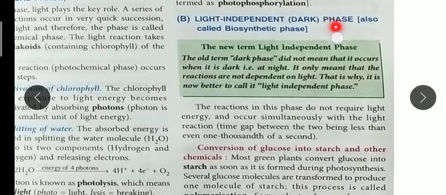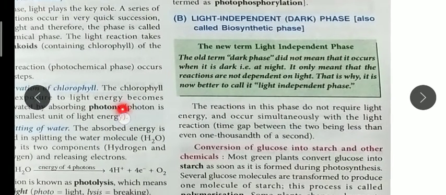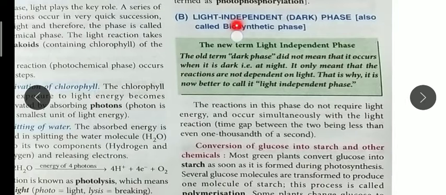The light dependent one we call the light reaction or light phase, and the light independent reaction we call the dark phase. It is also called the biosynthetic phase, because in this phase glucose is formed, which is the raw material or fuel for the plant.